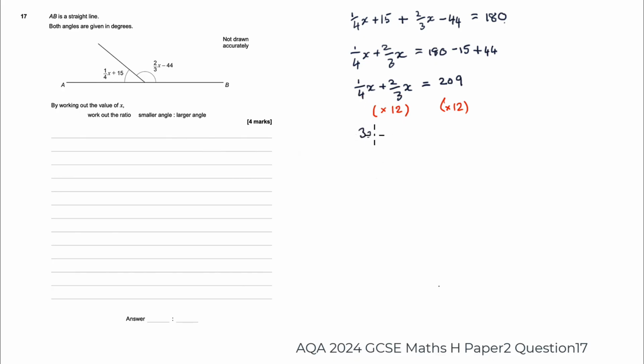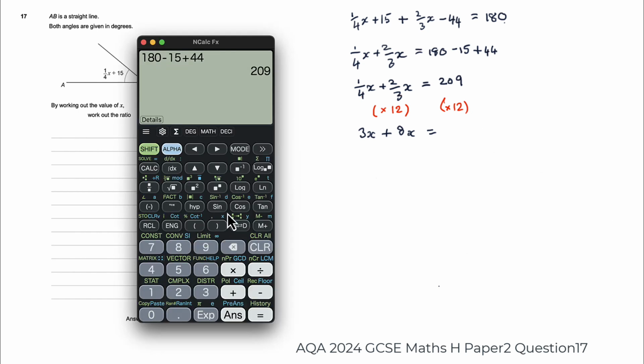So that'll give me 3x. And then 2/3 of 12, well, 3 into 3, 1, 3 into 12 goes 4, 2 4s are 8. Or you could do that on your calculator. So that gives us 8x, and we've got 209 times 12. So 209 times 12. So that's 2508.